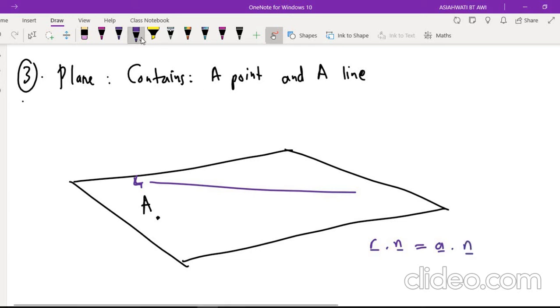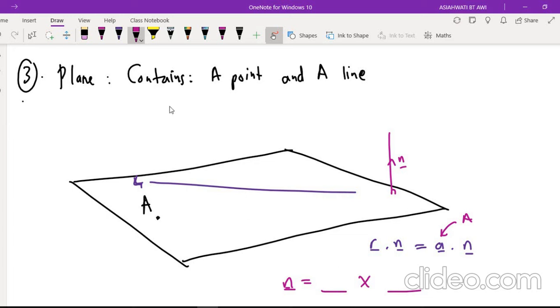Here you can see A clearly. The problem is to find n, a vector which is perpendicular to the plane, so you need to do a cross product between two vectors.